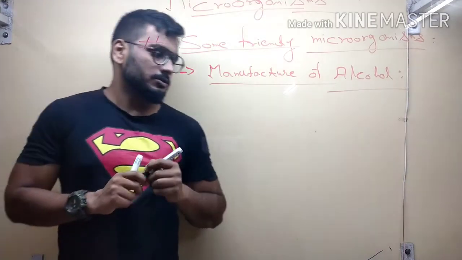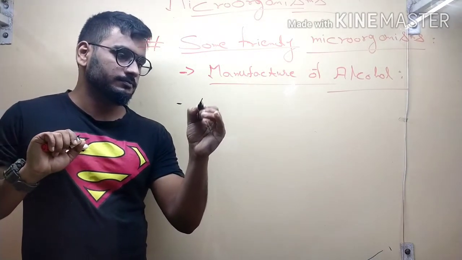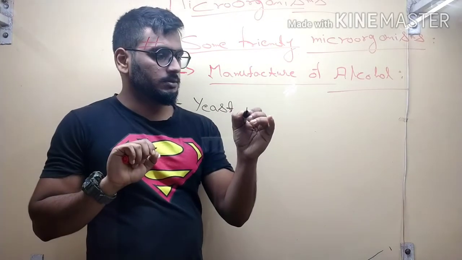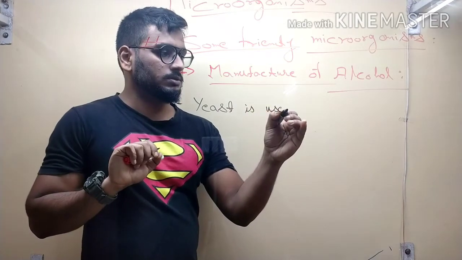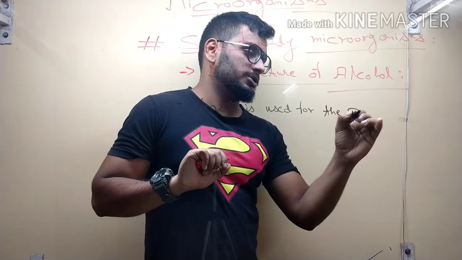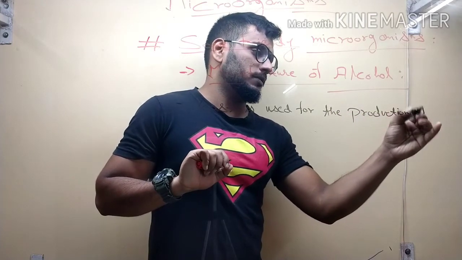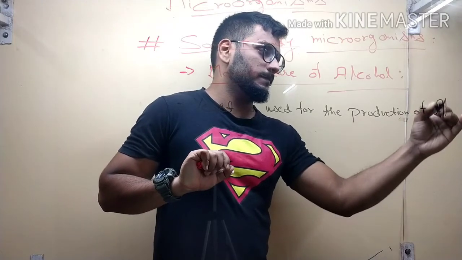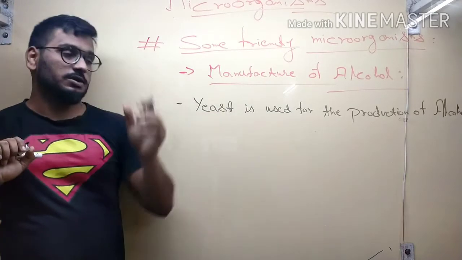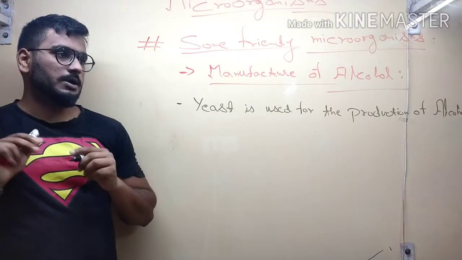Write, yeast is used for the production of alcohol. So for the production of alcohol we use what? Yeast. So this is about alcohol.